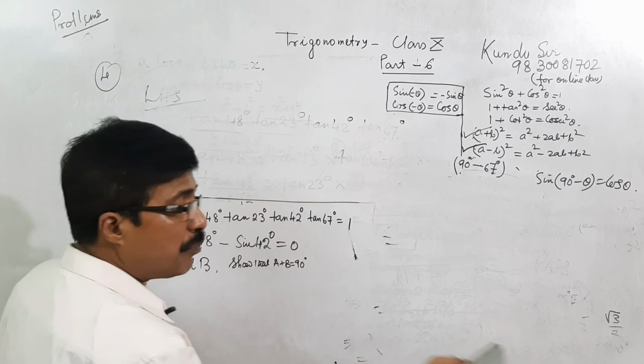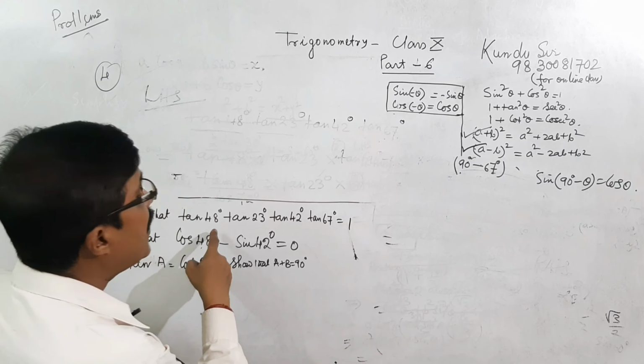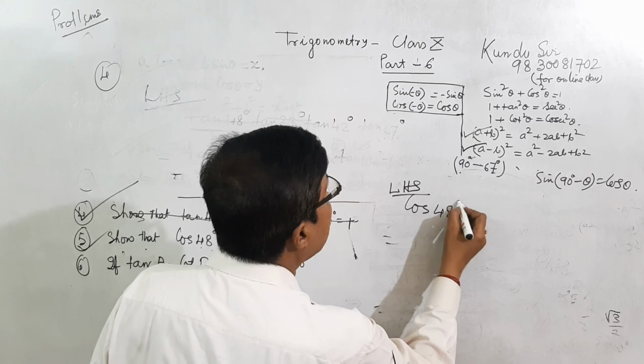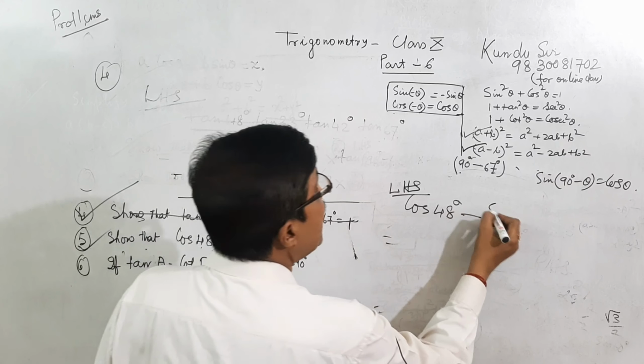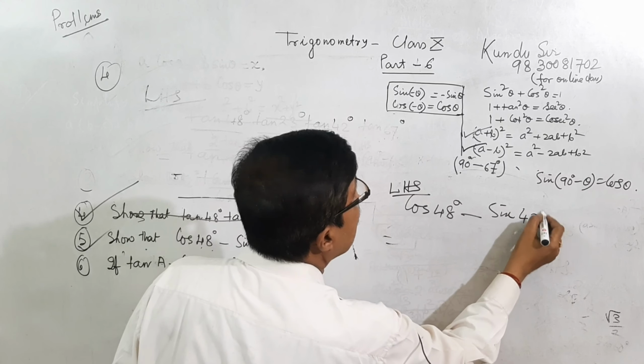Next problem. What is the next problem? This one. 4 is already over. Now 5. So now left hand side: cos 48 degree minus sin 42 degree.